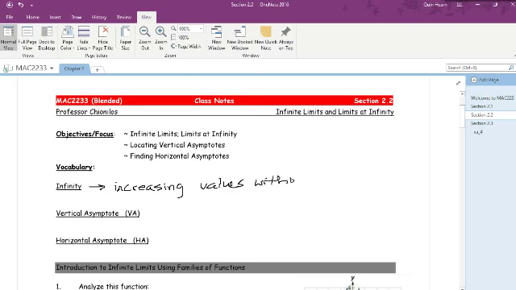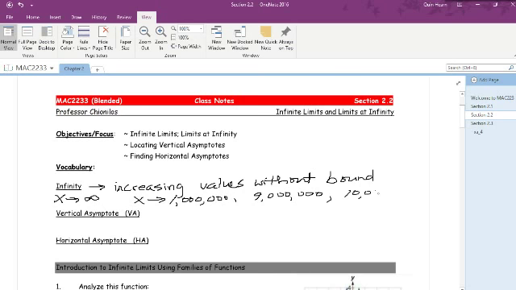In other words, it just keeps increasing forever, at least if it's positive infinity. So if you say x is going towards infinity, that means the x values are getting bigger and bigger. So, you know, you're looking at the x value 1,000,000, or the x value 9,000,000, or the x value 10 billion is even bigger, and we just keep growing and growing and growing. So without ever stopping, that's infinity.